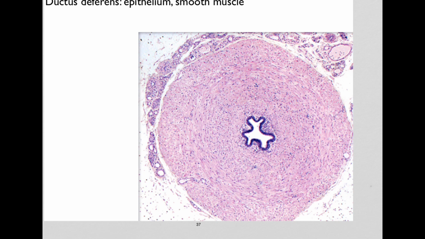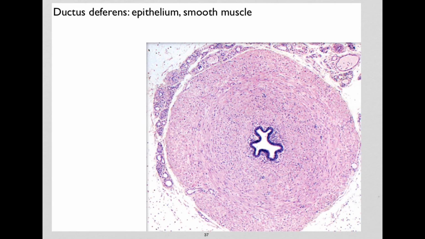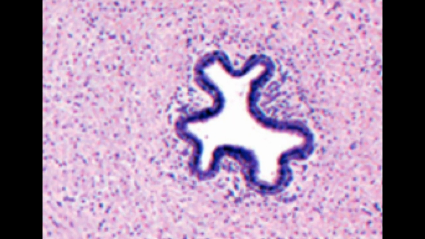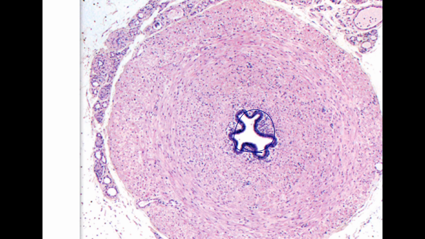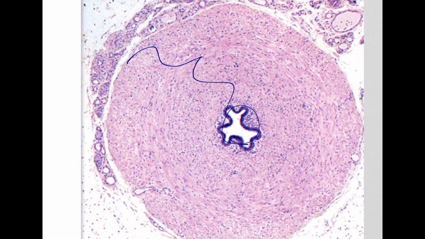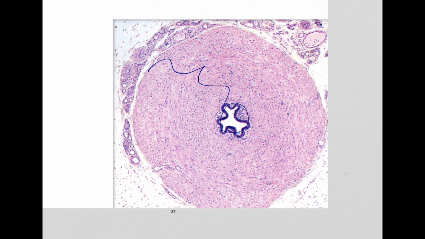And this is where the histology of the ductus deferens makes sense. Again, remember, sperm are not swimming out of a person. They're being ejected by force. And so if you look at the ductus deferens, you see a relatively small lumen in the center, a little bit of epithelial tissue around it. Everything else, all of this, is smooth muscle.